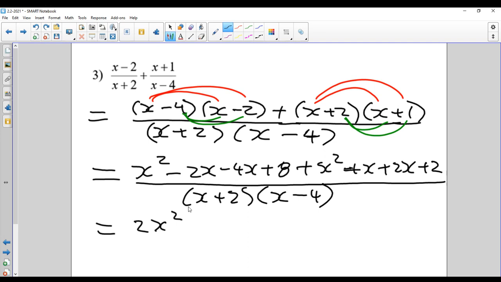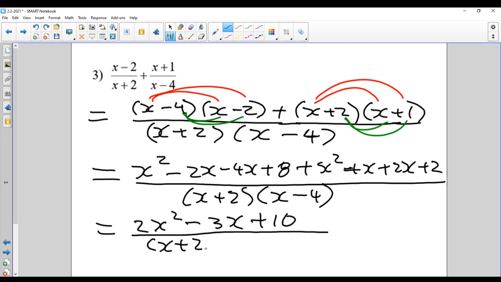I'm doing this in my head. I'm not getting that. But I could be wrong. What's that? Minus 3x, yeah. I agree with that. Plus 10. And all of that is over x plus 2, x minus 4.